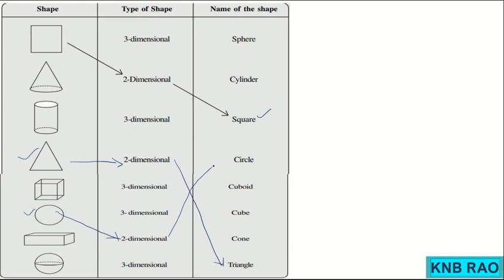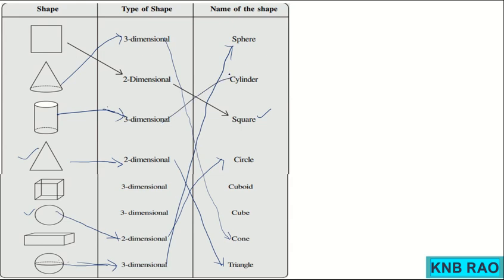And now children, whereas this is three-dimensional and it's a sphere, and this is three-dimensional where it is called a cone, and this is also three-dimensional and it is called a cylinder, and it is also three-dimensional.